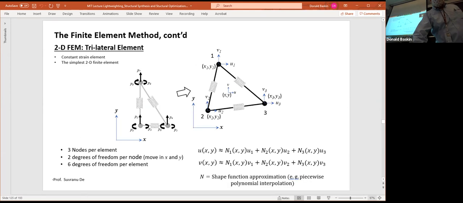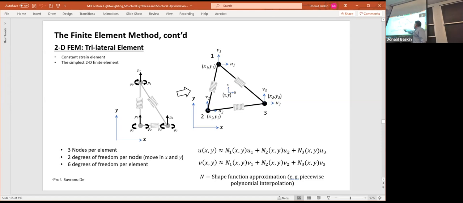Right, okay. So here's your triangular element. It has 3 nodes. Each node has 2 degrees of freedom, X and Y. That means there are 6 degrees of freedom per triangular element, right?